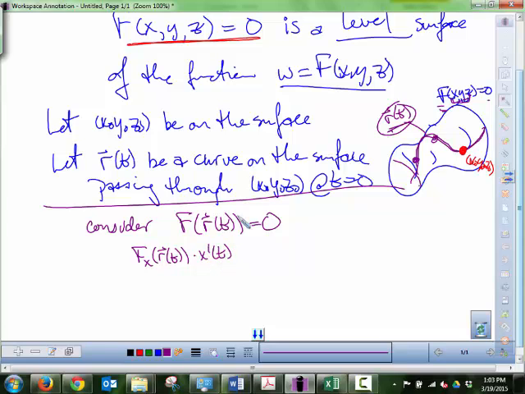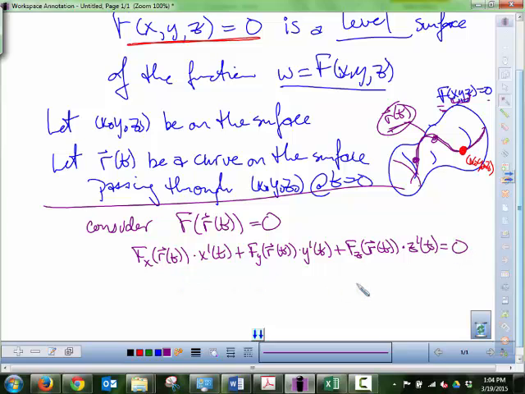R of t is x of t, y of t, z of t. Plus the derivative of f with respect to y evaluated at R of t times y prime of t, plus the derivative of f with respect to z evaluated at R of t times z prime of t. We took the derivative of the left-hand side, and the derivative of 0, or of a constant, is equal to 0.